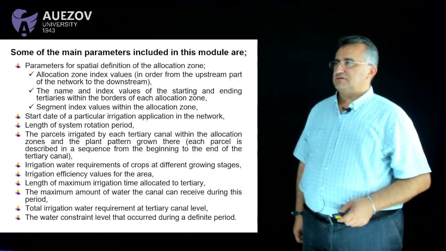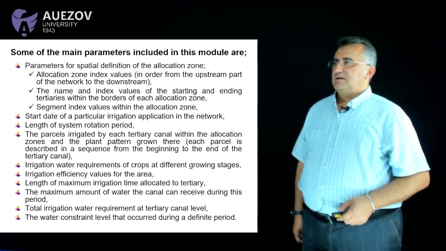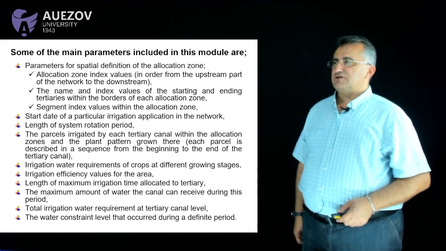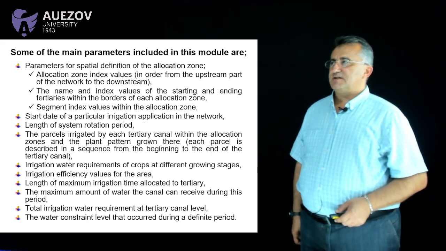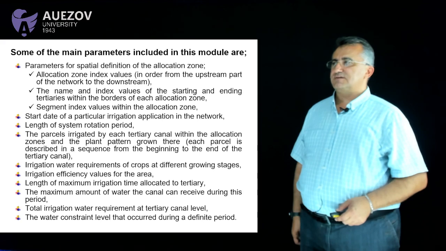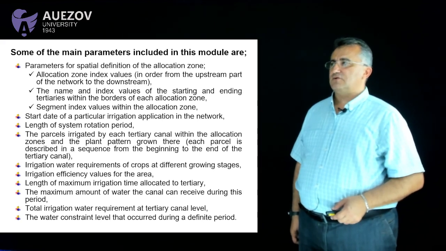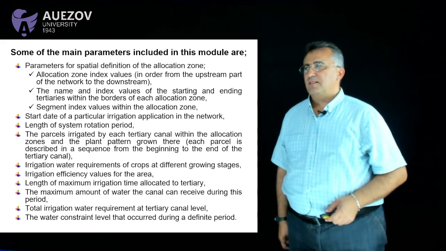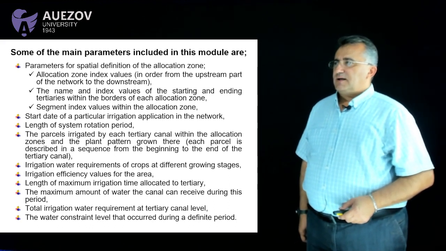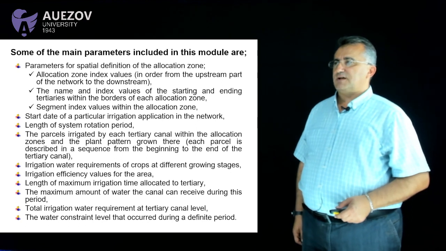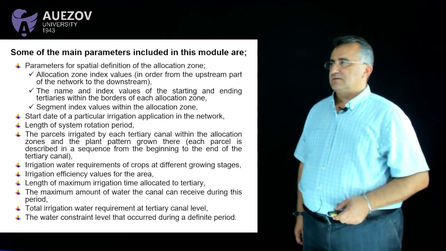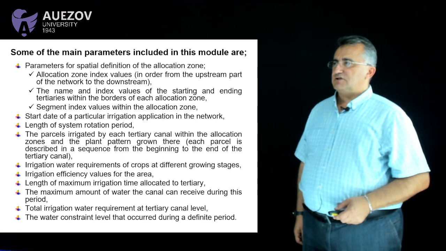The fourth item is that the parcels irrigated by each tertiary canal within the allocation zones and the plant pattern grown there, each parcel is described in a sequence from the beginning to the end of the tertiary canal. And the fifth item, irrigation water requirements of crops at different growing stages. The other one, irrigation efficiency values for the area.